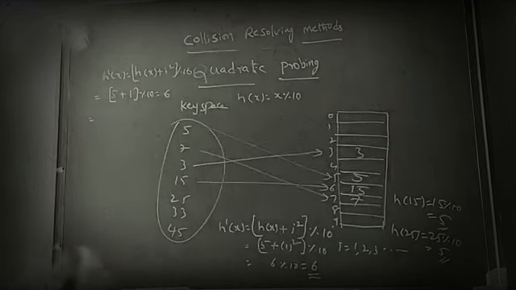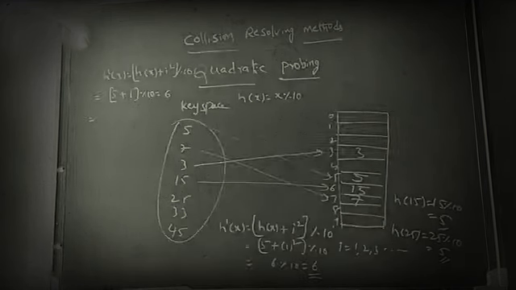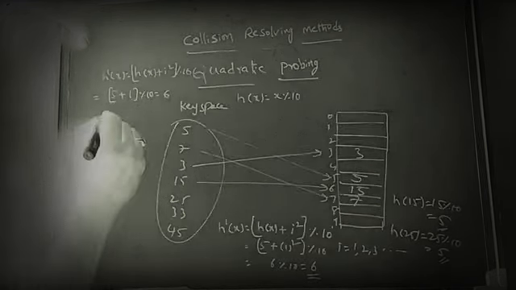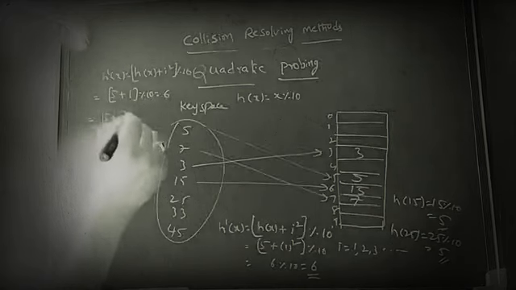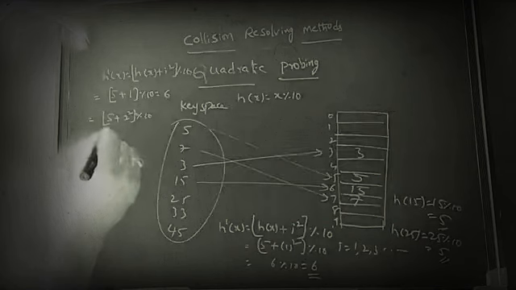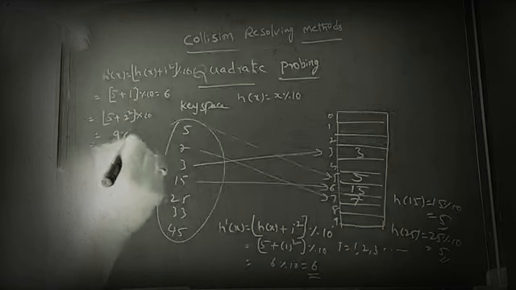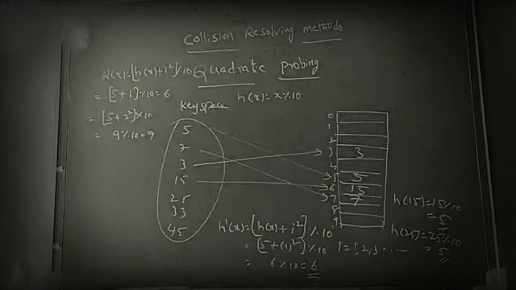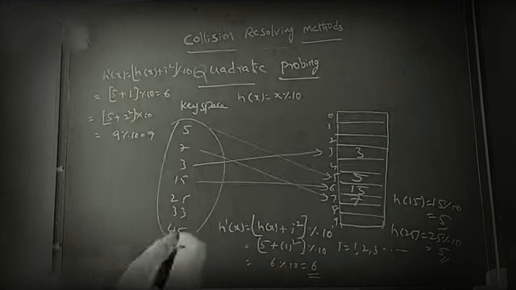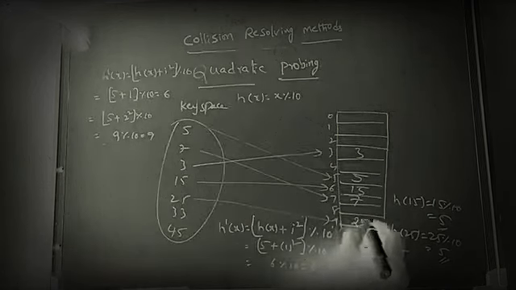Then 6 already has an element stored. Again a collision arises. Then increment the i value: 5 plus 2 square, mod 10. The value is 9 mod 10, remainder is 9. So check whether the 9th index position is empty or not. 9th is empty, so place the value 25.